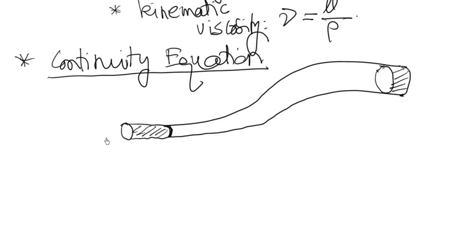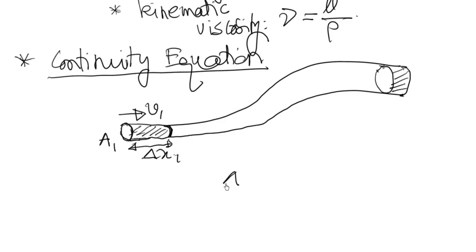So the area of cross section of this is A1, and the velocity of the fluid flow is V1 here, and in time delta t, the fluid moves a distance, we call it delta x1.